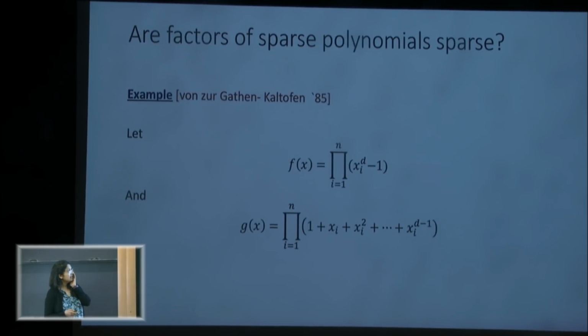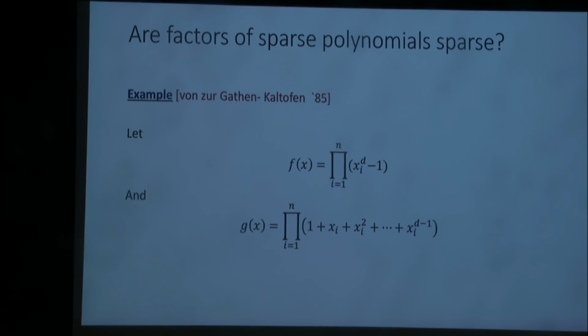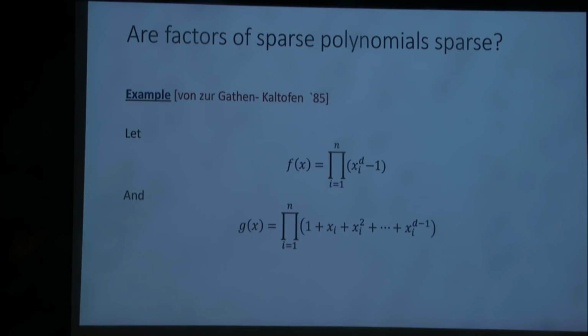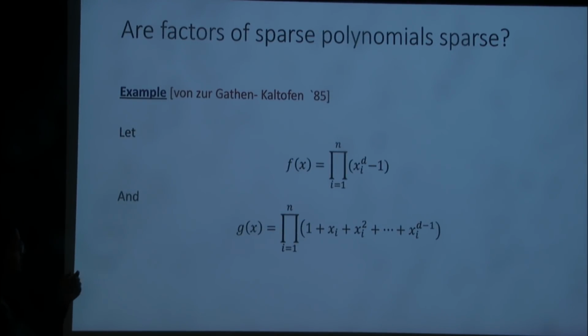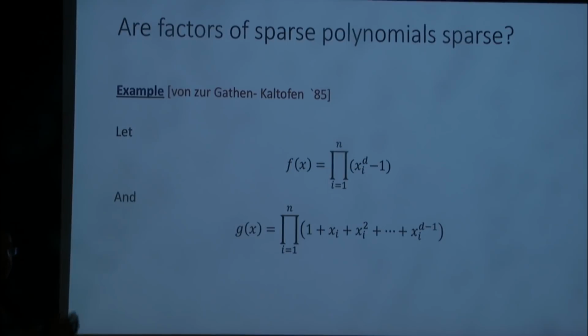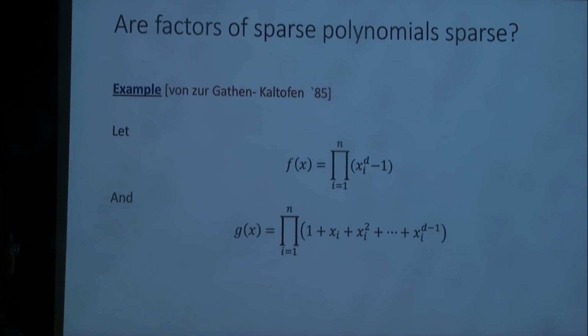And here's an example of a polynomial and its factor. So this is an example from a long time ago, which was observed and probably observed even earlier than that. If you look at f, the polynomial f being this, so it's a product over all n variables of xi to the d minus 1. Then this is a factor. It's easy to see that this is a factor of that polynomial, right?